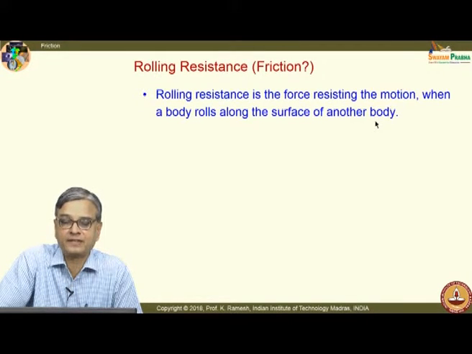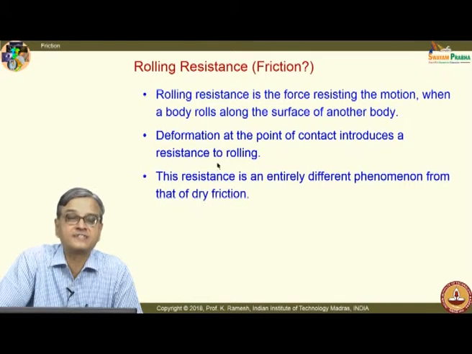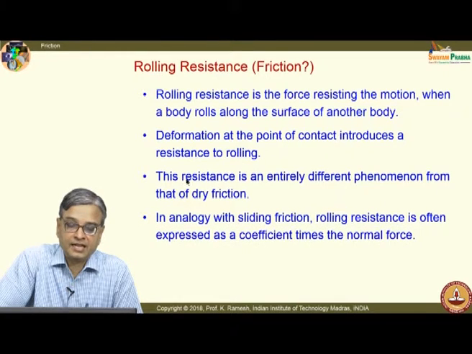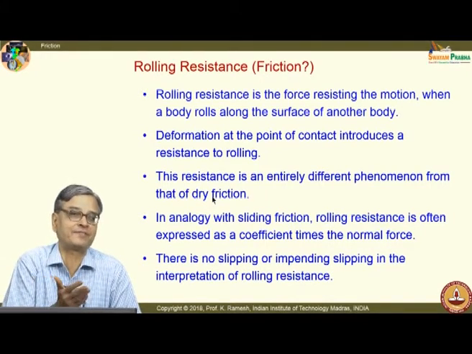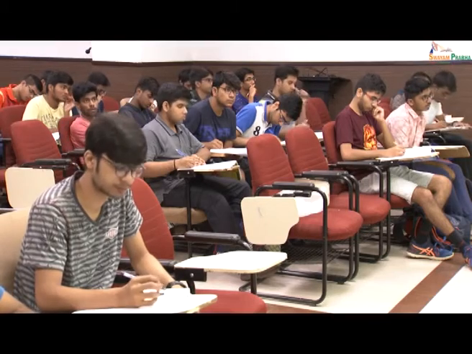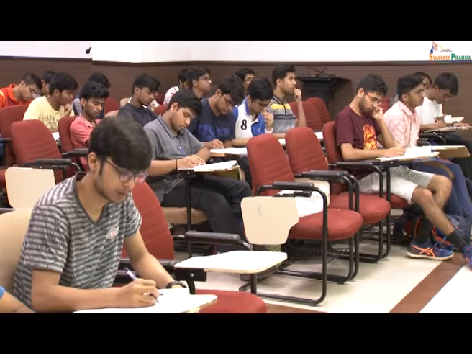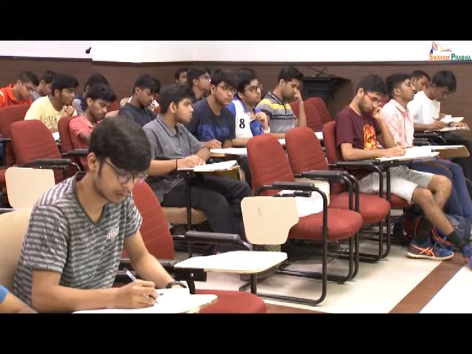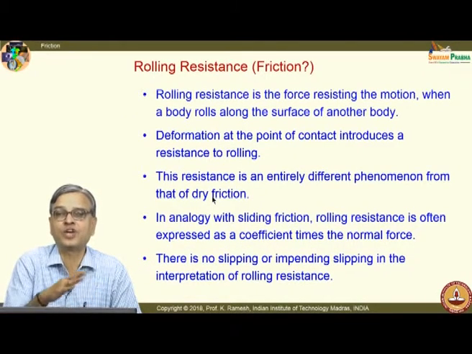It is again a very complex interaction, and deformation at the point of contact introduces a resistance to rolling. This resistance is an entirely different phenomenon from that of dry friction. Dry friction is because of tangential forces developed. But rolling resistance, why do you study it, is that the way you write the expression for frictional forces, you use a similar analogy even for rolling. Other than that, the phenomena are quite different.